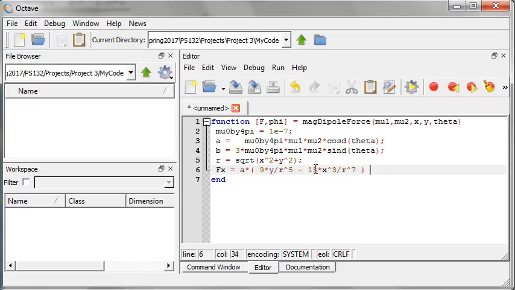And then plus b times y divided by r to the 5th minus 5 times x squared times y divided by r to the 7th.